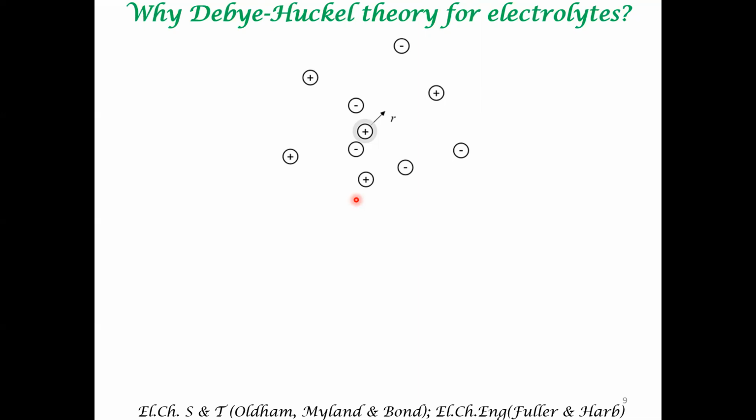Okay, so what is that we are looking at? So we are looking at interactions between ions in solution. Okay, so these are the solute ions. These are not ideal in many instances, because of many reasons.